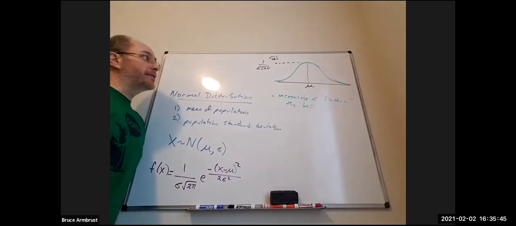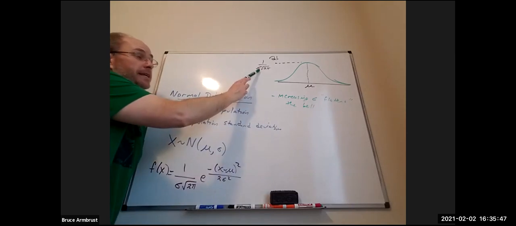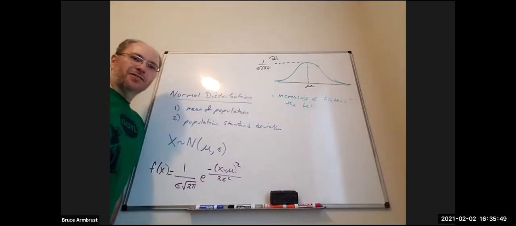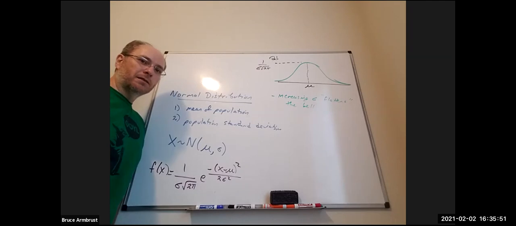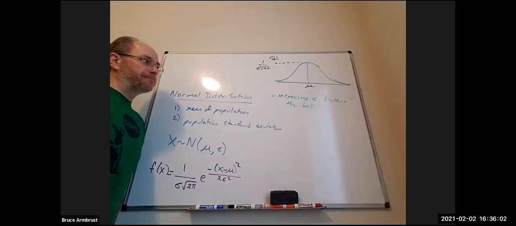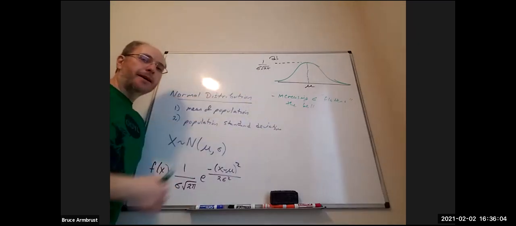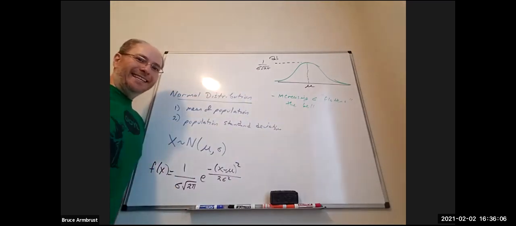It's going to flatten down. And you can see that in the formula. If sigma gets bigger, if you divide by a larger number, you get something smaller, right? Like think about this. If you divide by 100 compared to dividing by 2, you get a much smaller number. So you can see that there, but you can also reason it out by thinking about what probability is.